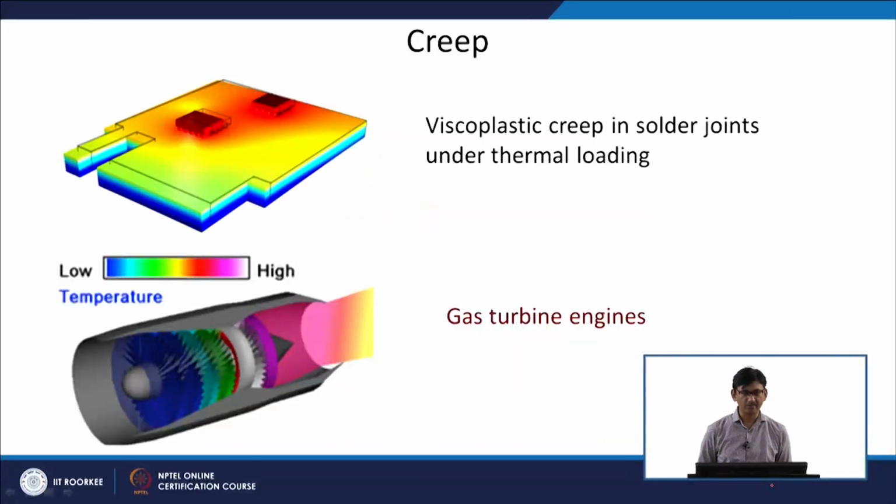It can cover a very large size scale. For example, it can be important for an electronic circuit, where because of the flow of current all the components get slowly heated up, and with time all these soldered joints, wherever there is a connection between the circuit and some component, are exposed to high temperature.